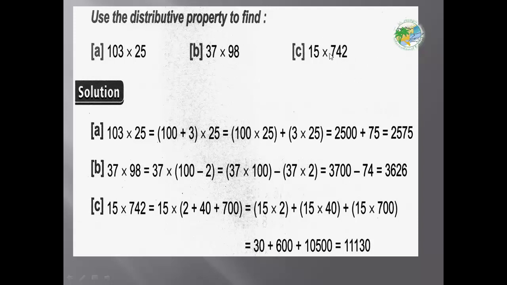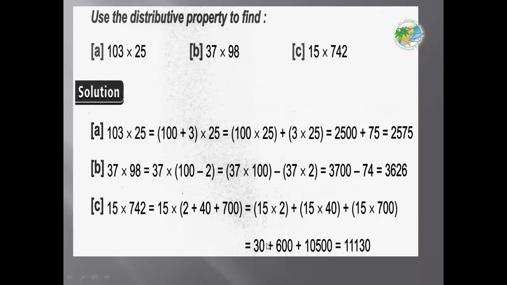This number, 15 times 742. Here there is no number nearest to 100 or 1000, but we have 742. Now we can change this number into 700 plus 40 plus 2, and here times 15, and distribute the times over what is inside the bracket: 15 times 2 plus 15 times 40 plus 15 times 700.